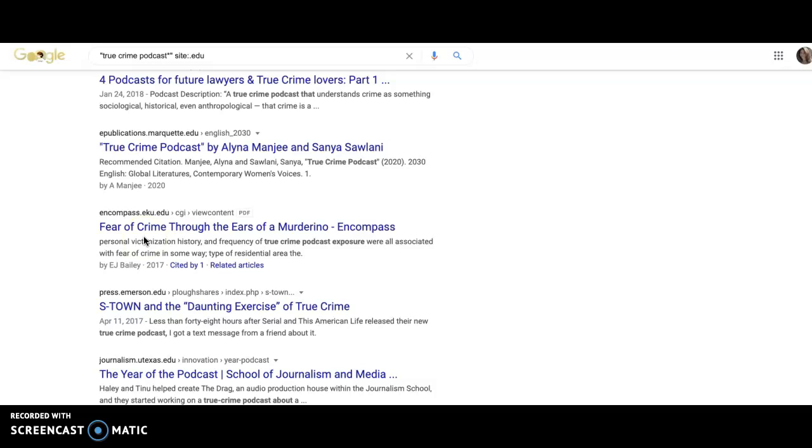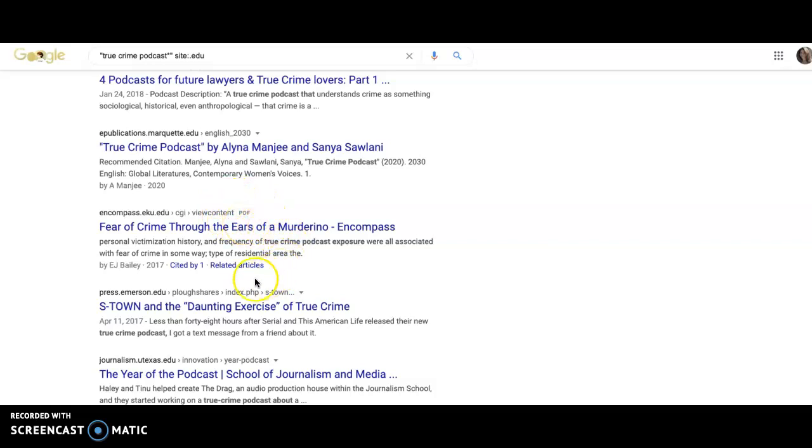In such a search, it's likely that you're going to come across some scholarly articles that are showcased on a university's website. Oftentimes, you can identify scholarly articles by their titles, but certainly by the fact that the link will take you to a PDF file.